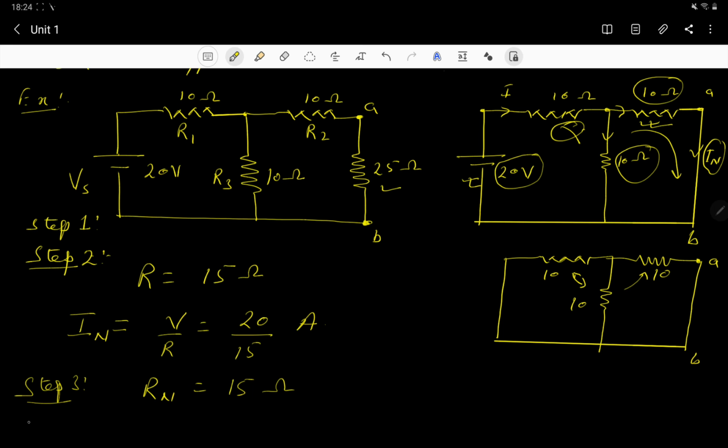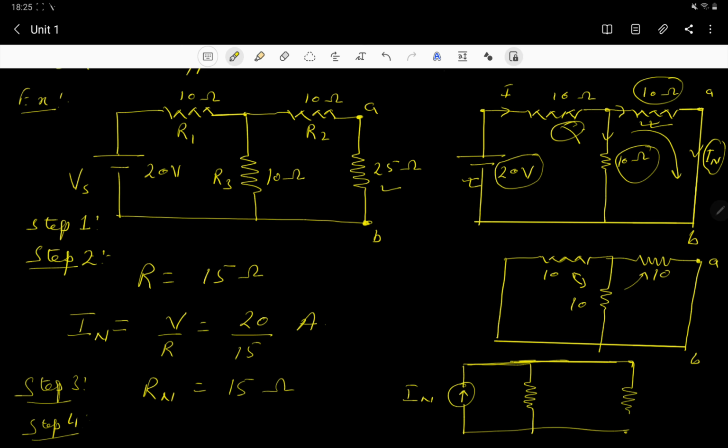Now you can find out step number 4. In step number 4, we will draw the circuit, that is the current source In in parallel with the resistance Rn and the terminal AB, which is 25 ohm.